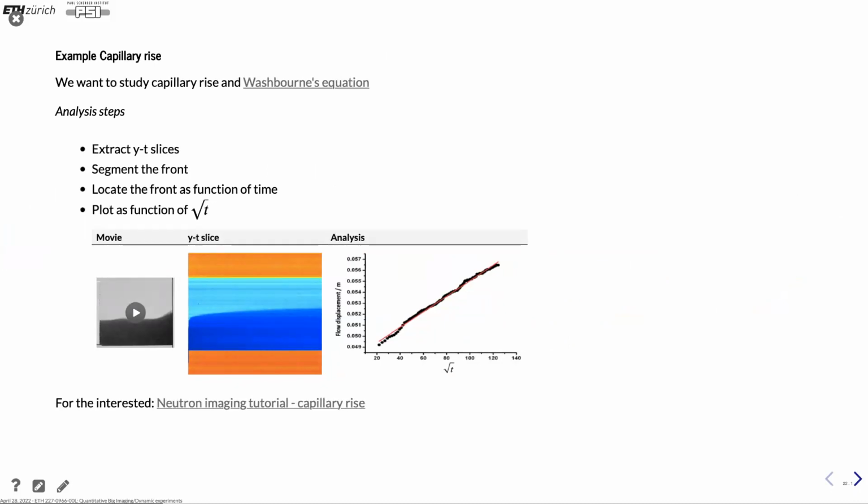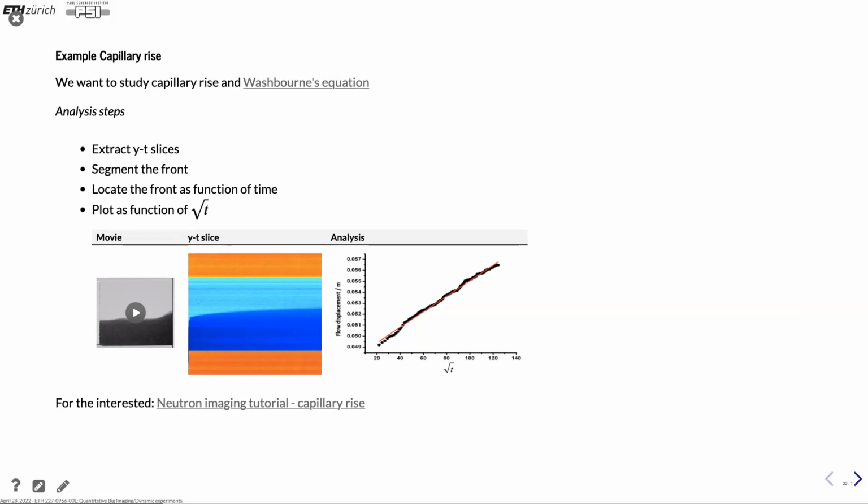It's actually a student tutorial that we do at the PSI every year. And now I even have a dry run tutorial where you can do everything online, if you like. What it is about is to look at capillary rise in a porous medium.